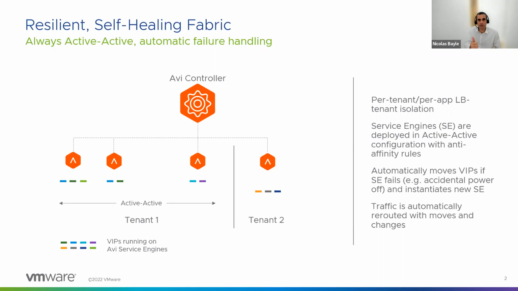It could be vCenter with or without NSX. It could be AWS, GCP, Azure. It could be OpenStack. It could be Kubernetes. We know those environments and we know how to communicate with them. And when you think about the fact that we orchestrate the life cycle of the service engine in such an environment, that's a lot of automation.